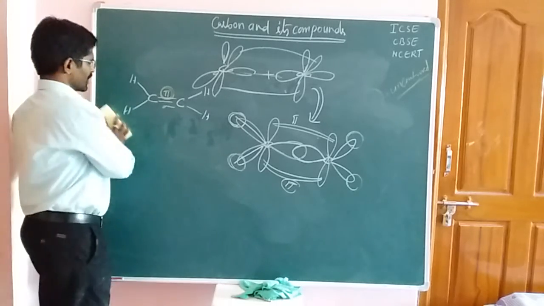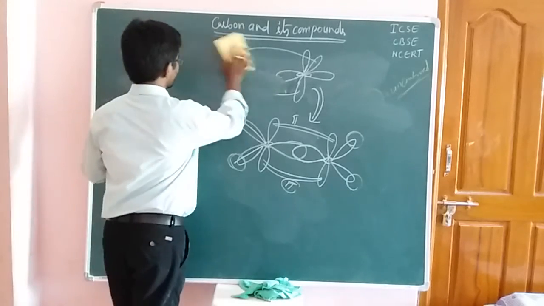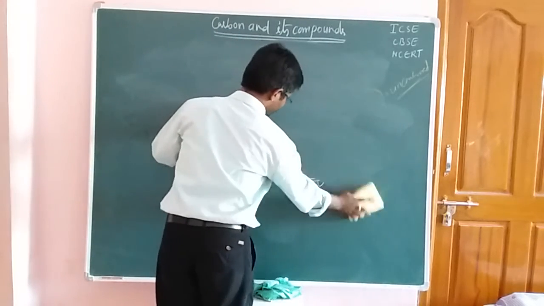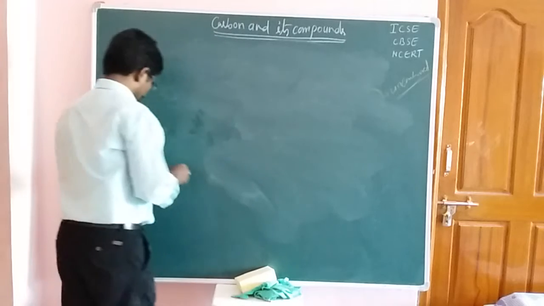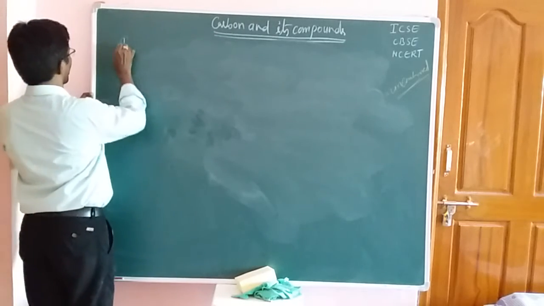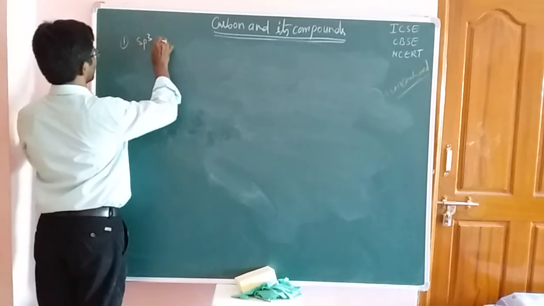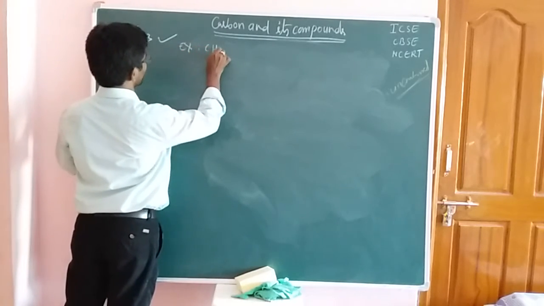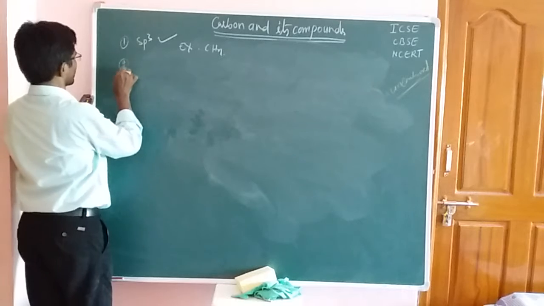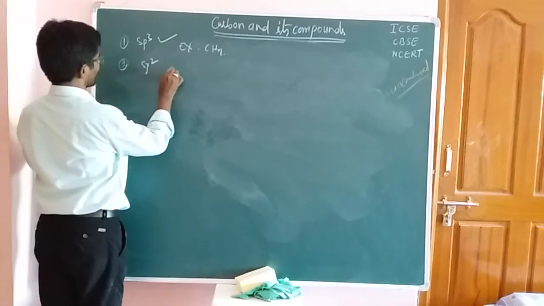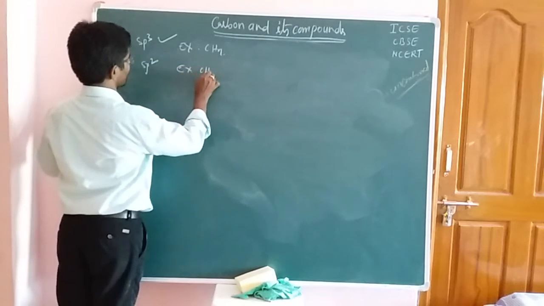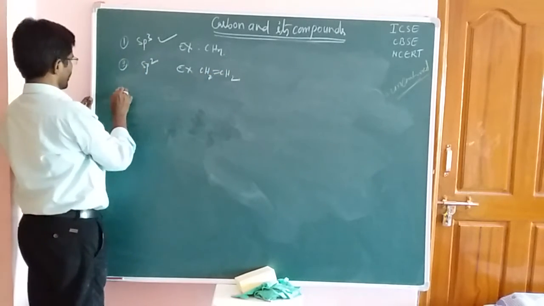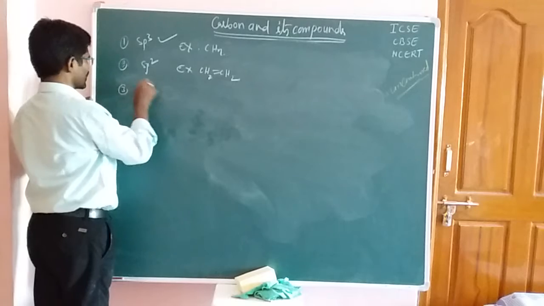Next one is the sp3 hybridization, and next one is the sp hybridization. First, we have completed sp3, it's over. For this, the example is the CH4 molecule, and the second type is sp2, which is also over, with the CH2 double bond CH2 molecule. Now the third one is the sp hybridization.